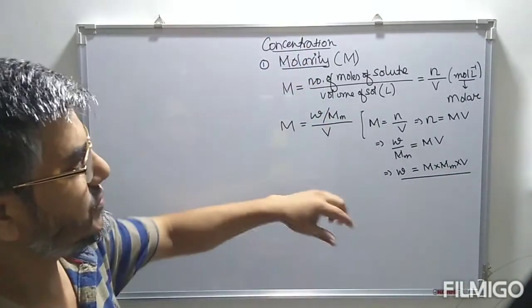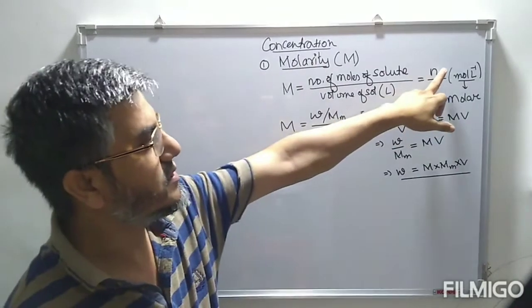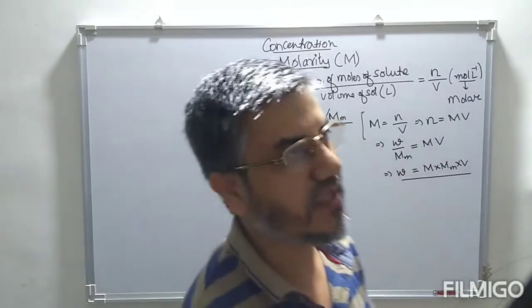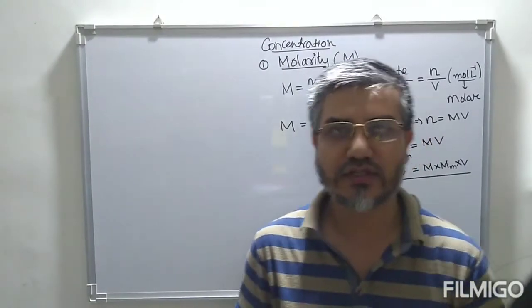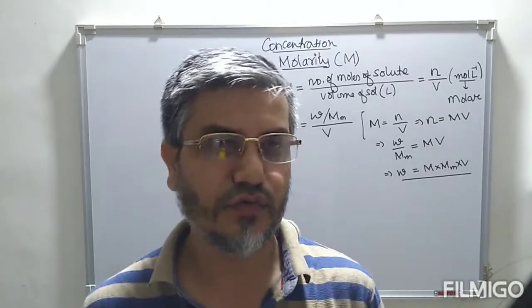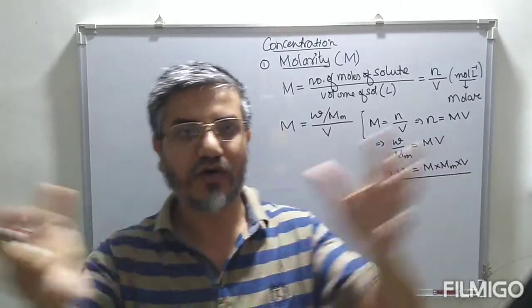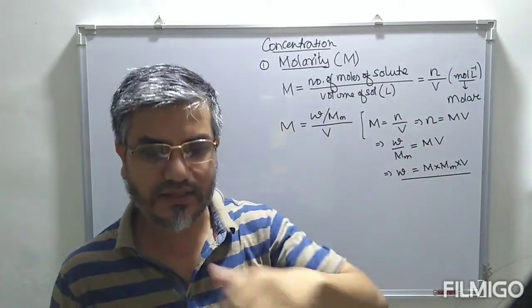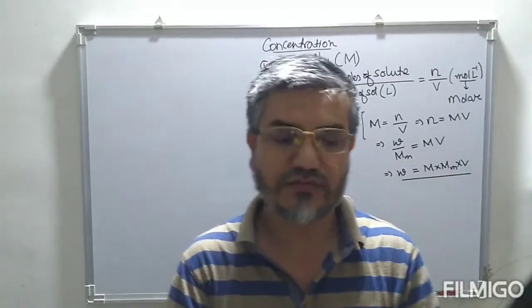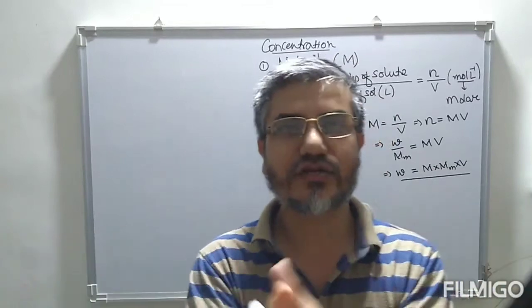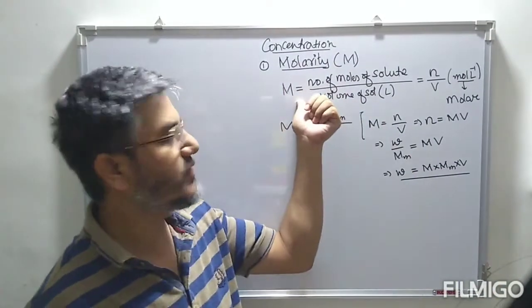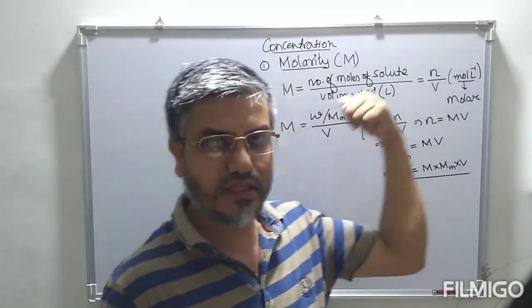Now look at this equation carefully. This is defined as number of moles per unit volume. So volume is a term which depends on the temperature of the solution. If you increase the temperature, volume expansion takes place, and concentration in terms of molarity will decrease. If you decrease the temperature, contraction of volume takes place. If the volume decreases, the concentration defined in terms of molarity increases.